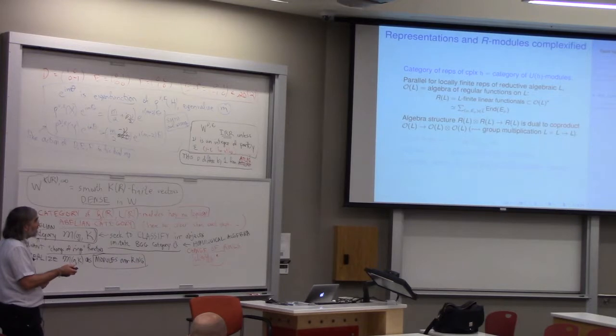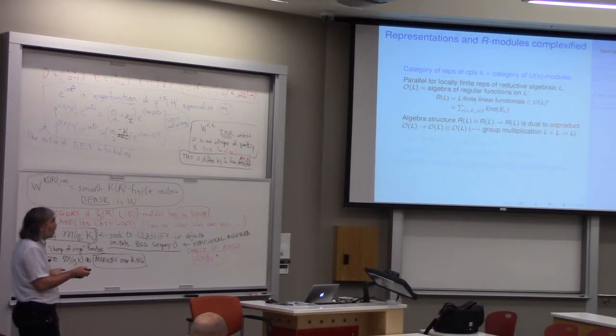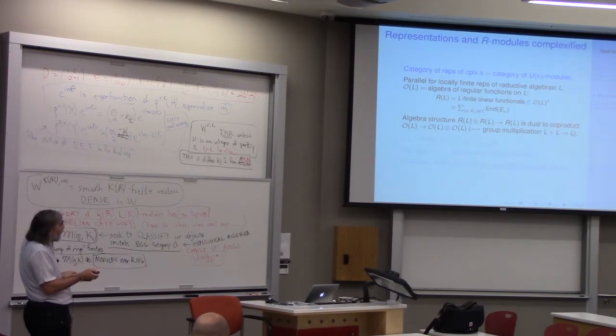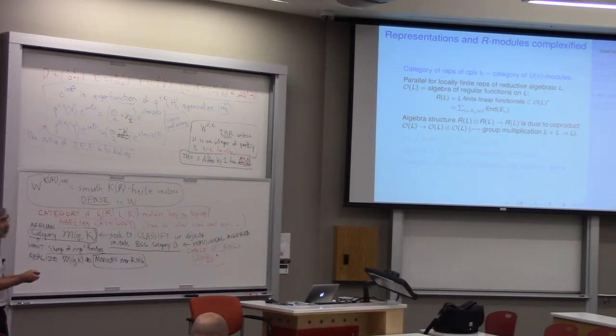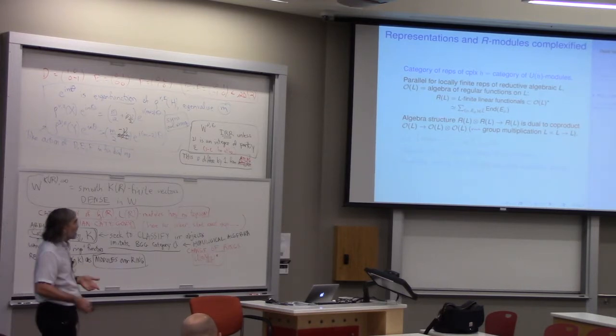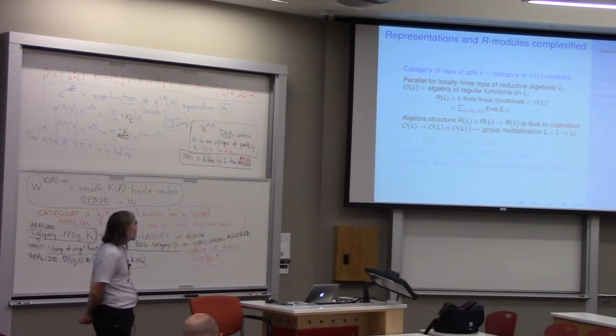For this algebraic group, there's a map of varieties from L cross L to L, given by group multiplication, and a map of varieties is the same thing as a map of regular functions in the other direction, and that's this coproduct on the algebra of regular functions on the group. Then you take the transpose of that, and that becomes the algebra structure on R of L.